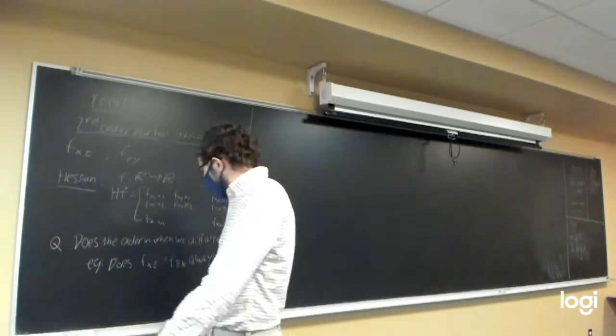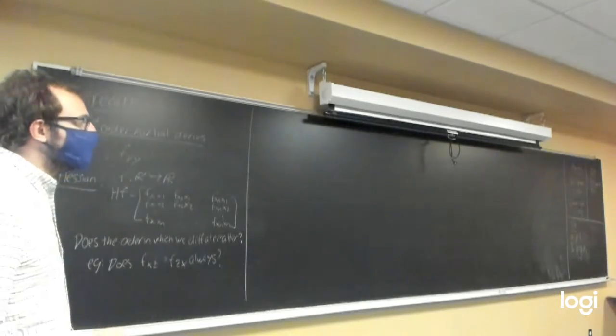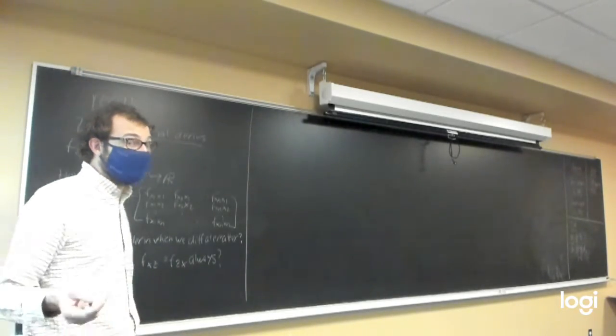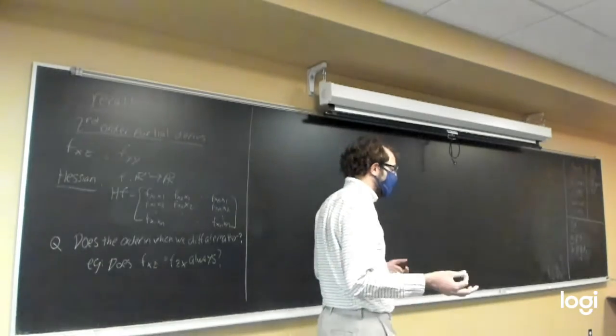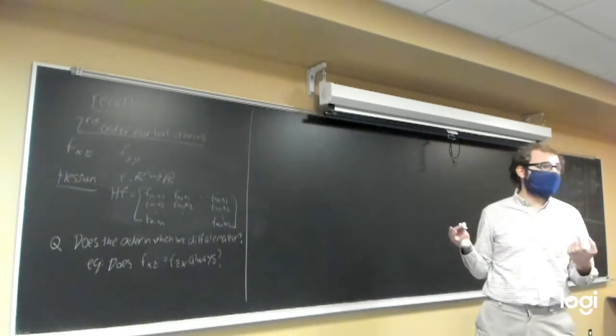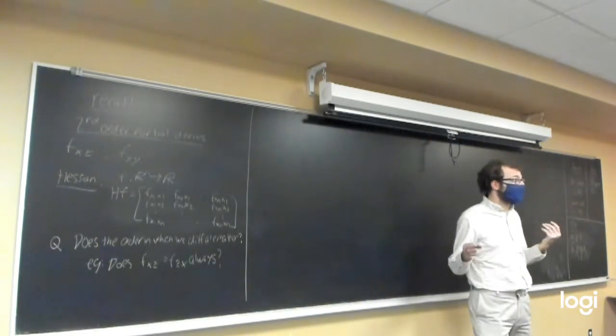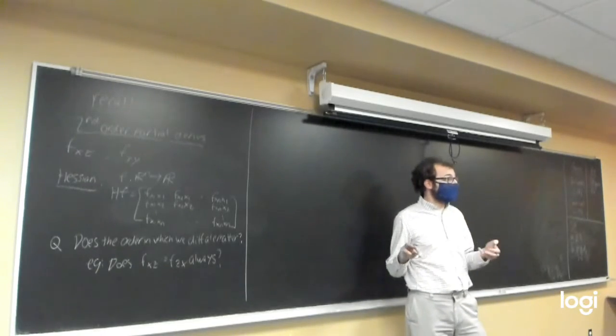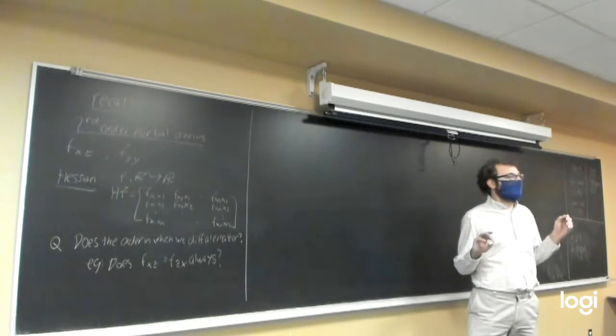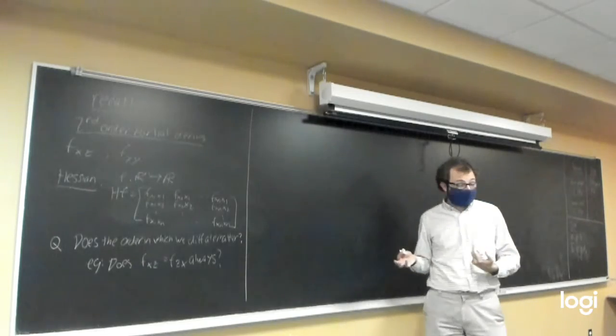Anywho, last time we had started Standard 9, started talking about properties of the multivariable derivative. We kind of went through how the product, quotient, sum and difference, constant multiple rules all had multivariable analogs.